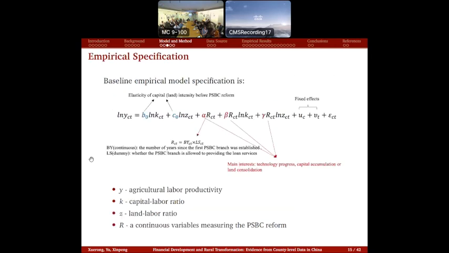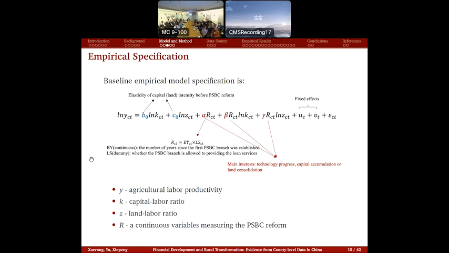Following the theoretical model, we get a baseline empirical model, which is shown here. In this model, we care about several things. Like YTZ can be represented here, and R is a continuous variable combining 2 variables. The first is the number of years since the first PSBC branch was established, and the second is a dummy variable for whether the PSBC branch provides loan services.